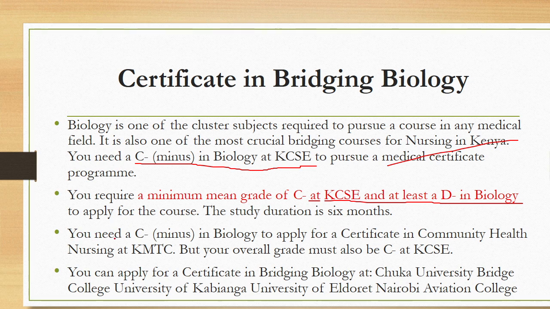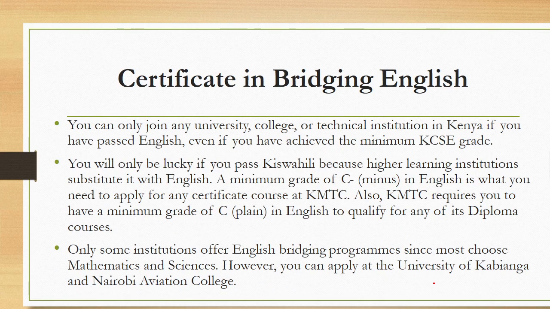So you need a C- in biology to apply for, for example, certificate in community health nursing at KMTC. So where do you get this? You can go to Chuka University or Bridge College, University of Kabianga, University of Eldoret, just to mention a few. Even Nairobi Aviation College, they offer certificate in bridging biology.